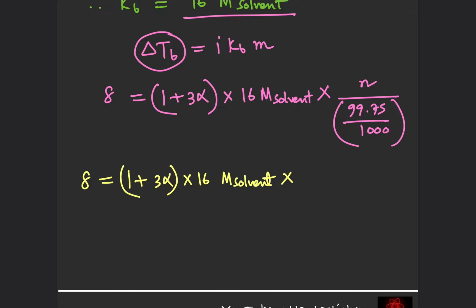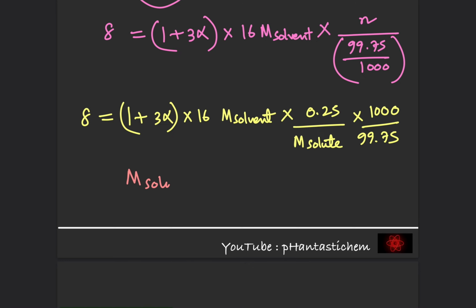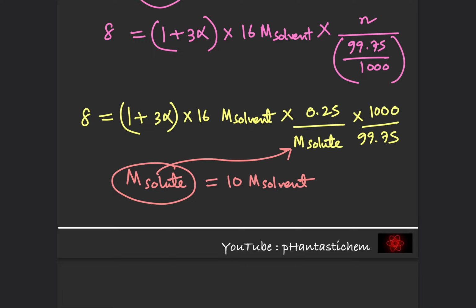So the given mass of solute is 0.25 gram divided by molar mass of solute, which I don't know, into 1000 divided by 99.75. In the question it is given to us that M of solute, that is B, is equal to 10 times M of solvent S. So I can insert this value of M solute here, so this will change to 10 times M solvent.